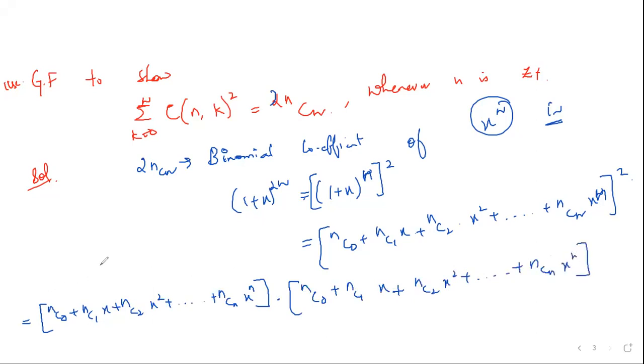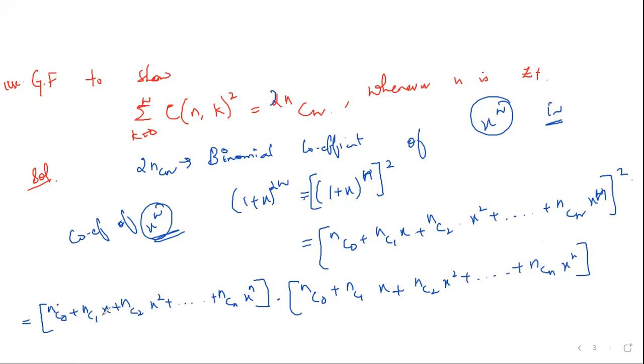Now, what do we want? We want the coefficient of x power n. What is the coefficient of x power n? It will be given as NC0 if we multiply it with NCn. What is the power of x? It is x power n.